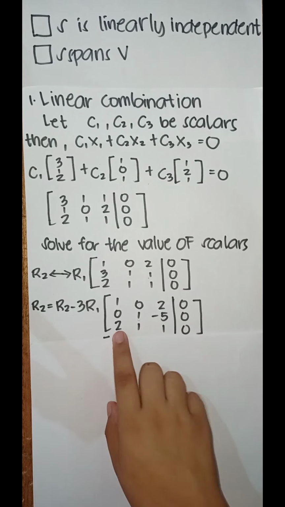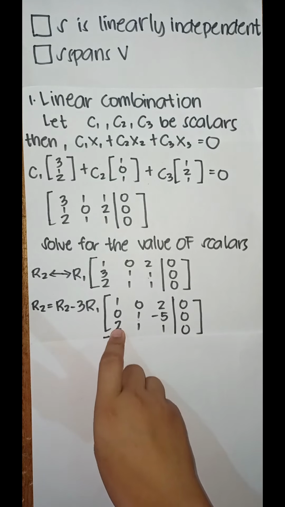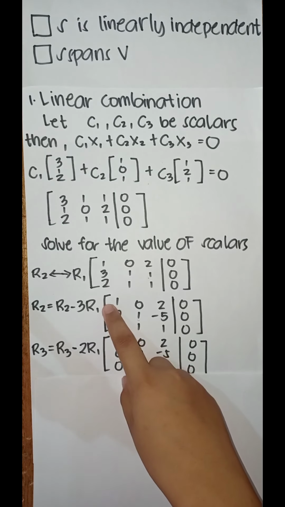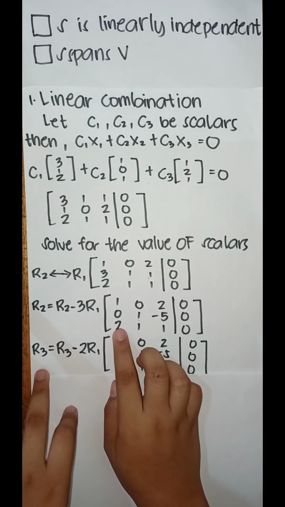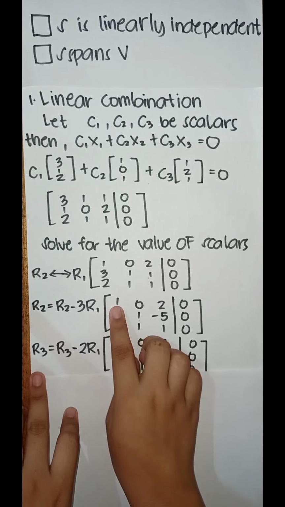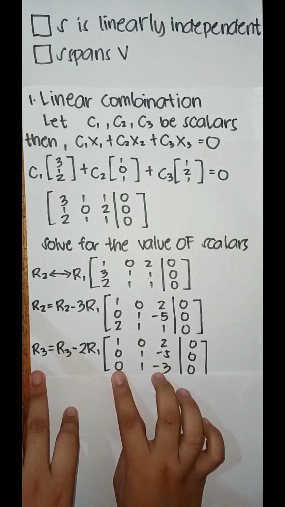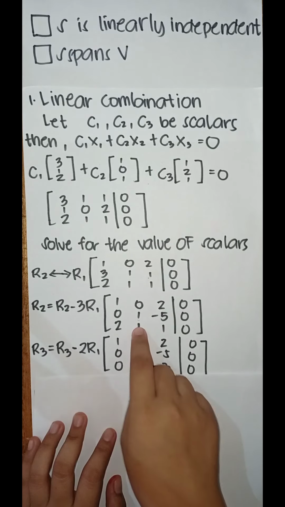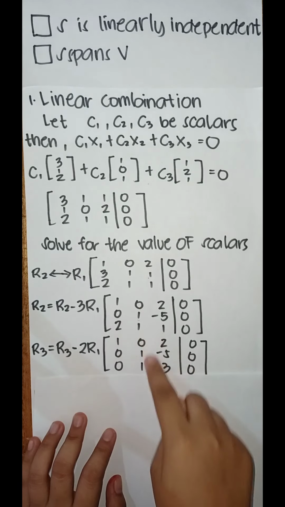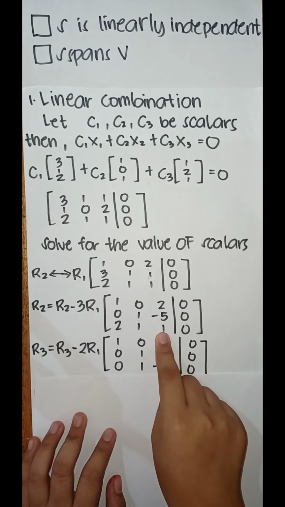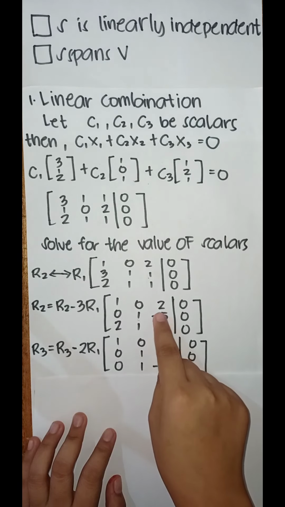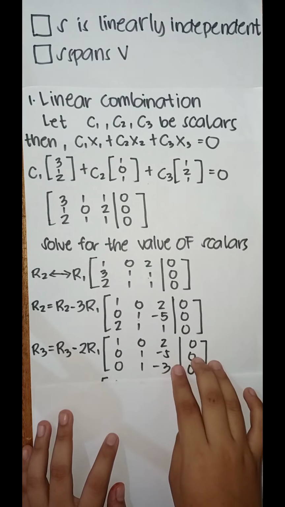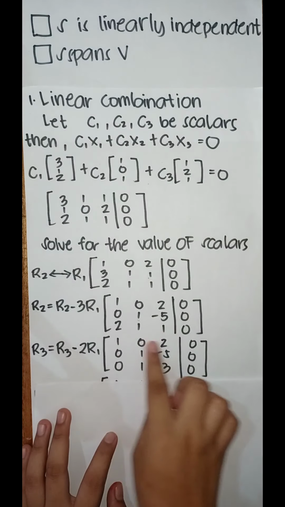We will subtract R3 minus 2 R1. 2 minus 2 times 1 is equal to 0. 1 minus 2 times 0 is still 1. 1 minus 2 times 2 is negative 3. And then copy row 2 and row 1.